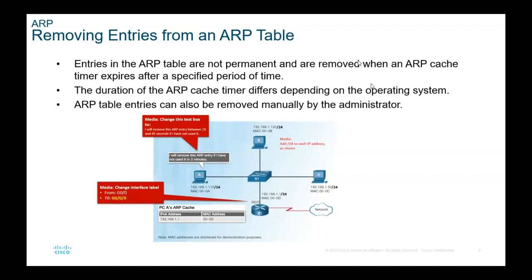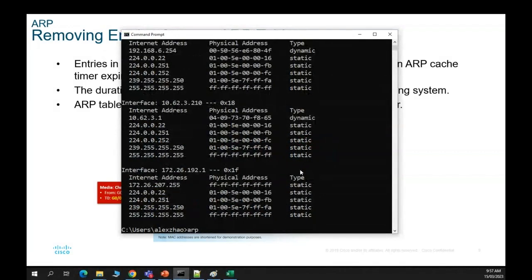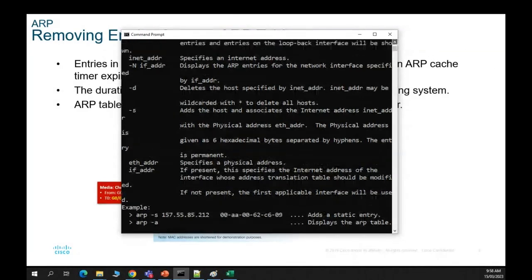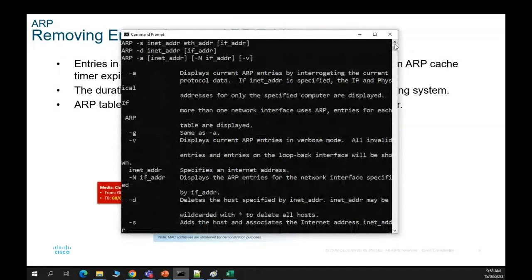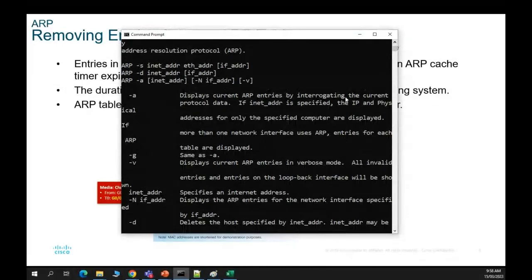Okay, so let's see if we can manually remove some of these entries. If I am on a Windows computer and I'm not sure what the command or the switches for the command are, I just press /? and then it will give me a bit of help.